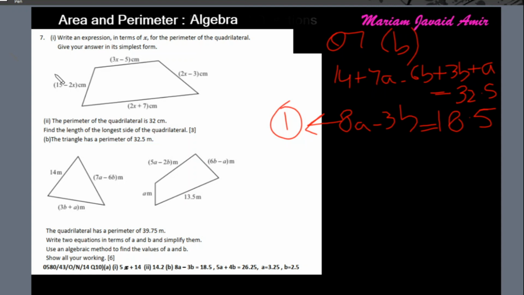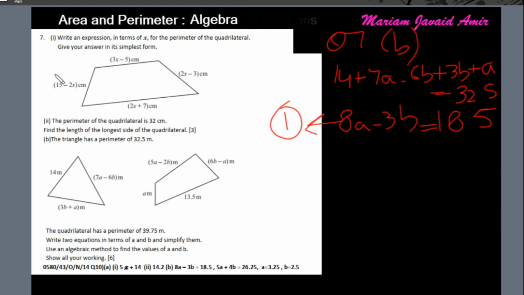Now this becomes 5a, and minus 2b plus 6b, and do we have any other b's here? No, so it should be 4b equals 39.75 minus 13.5, which gives us 26.25. So this is the second equation.